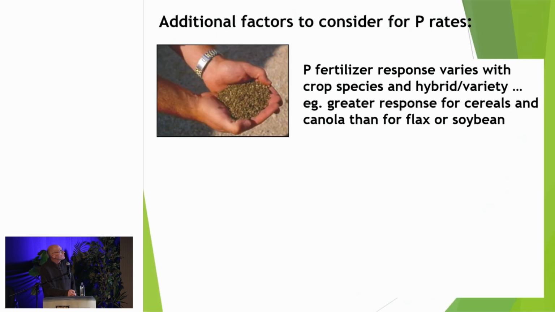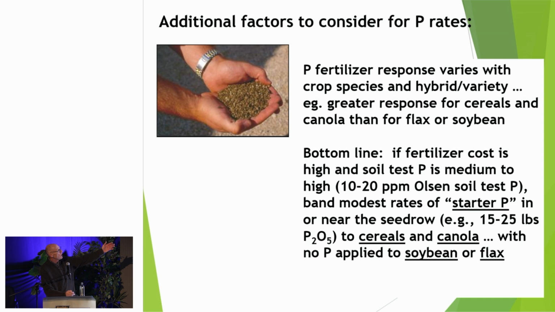So a summary for phosphorus rates is basically this bottom line. When the fertilizer price is high, and soil test phosphorus is medium, or medium to high, we could do very well with band rates of phosphorus at 15 to 25 pounds. For cereals and canola, for soybeans and flax, in a short-term approach, they're not going to respond.